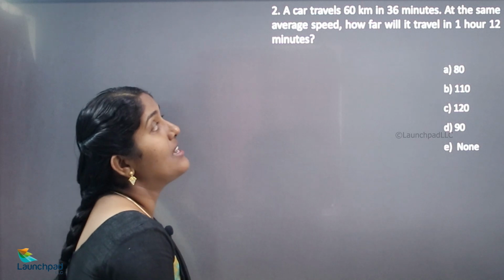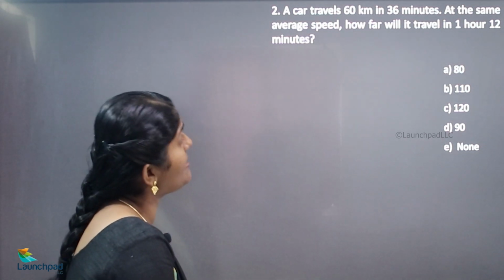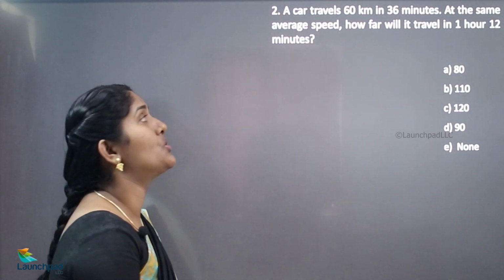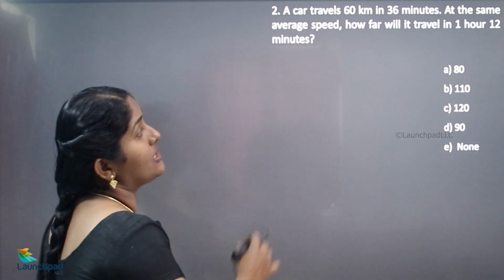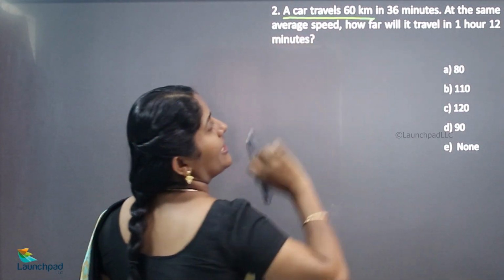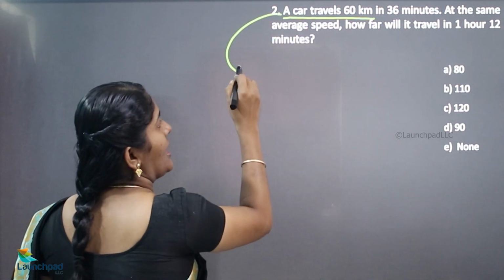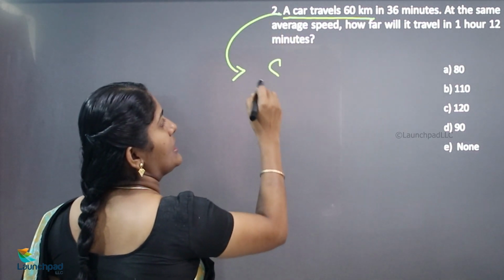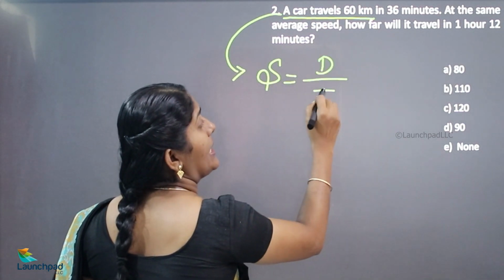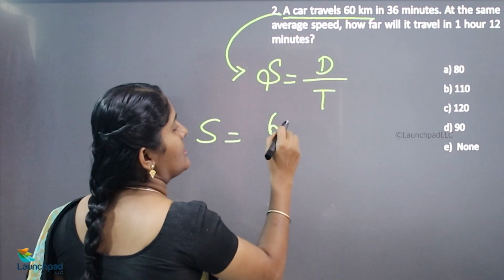A car travels 60 km in 36 minutes. At the same average speed, how far will it travel in 1 hour 12 minutes? So first of all, in this data, we want to find out the speed of this car. Speed is equivalent to distance divided by time taken. What is the distance here? 60.